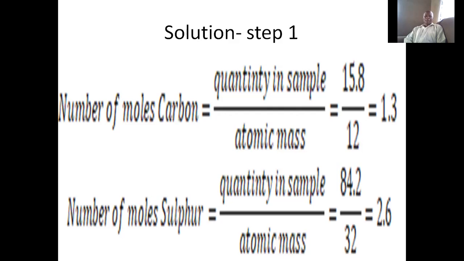Similarly, for sulfur, since it contains 84.2% in the sample, it contains 84.2 grams divided by 32 grams per mole, its relative atomic mass, which gives us 2.6 moles.